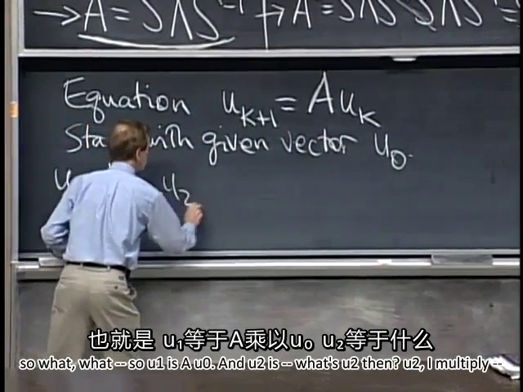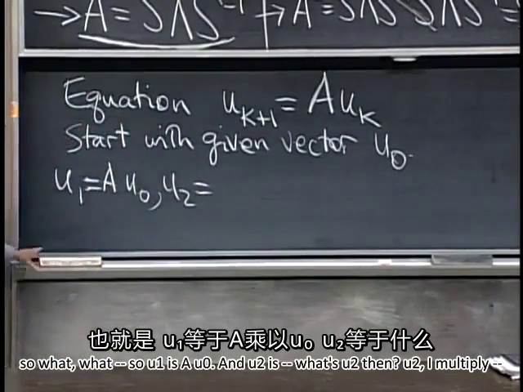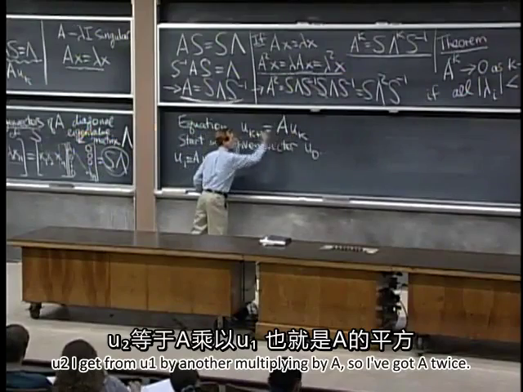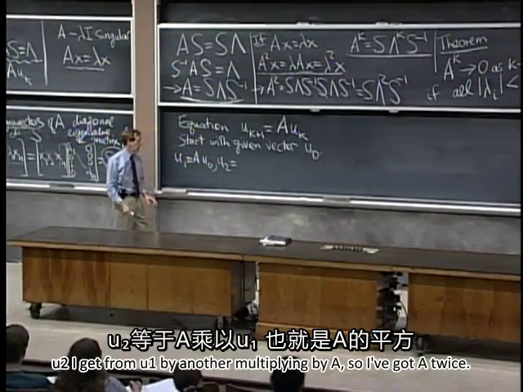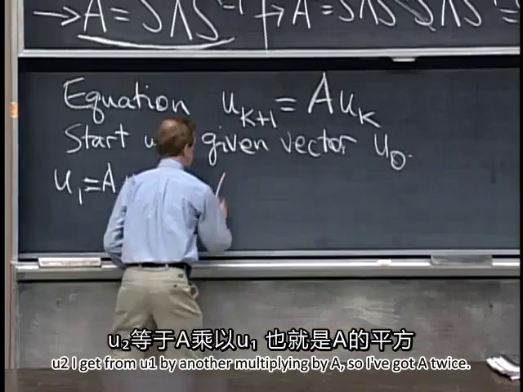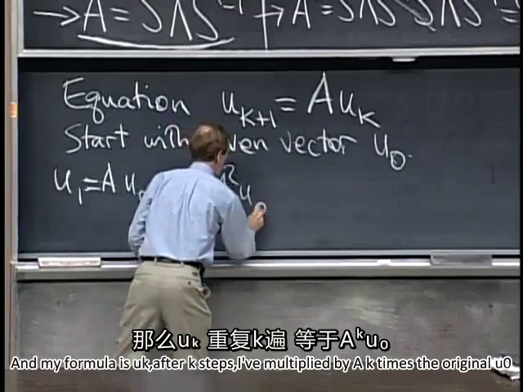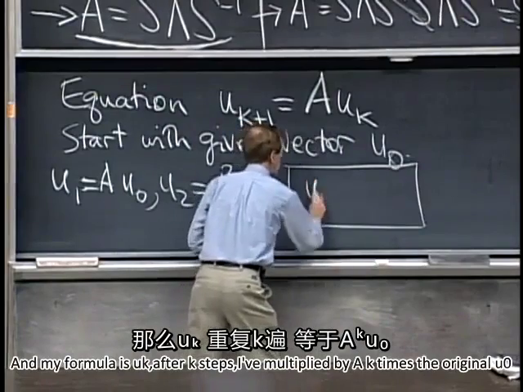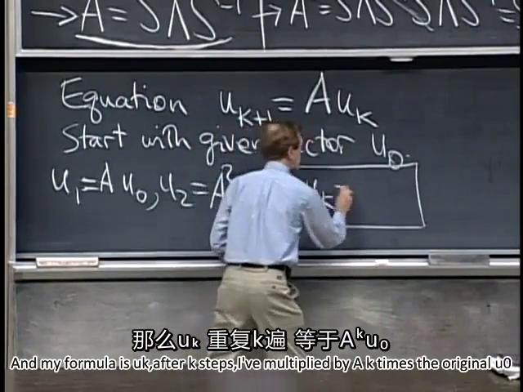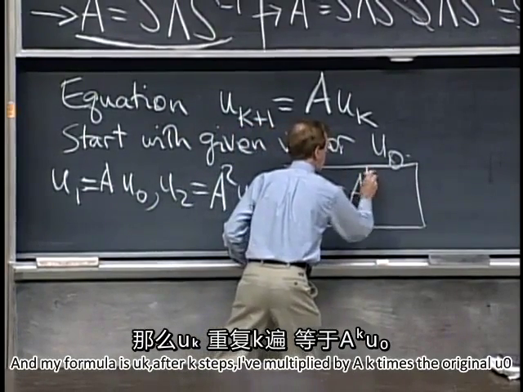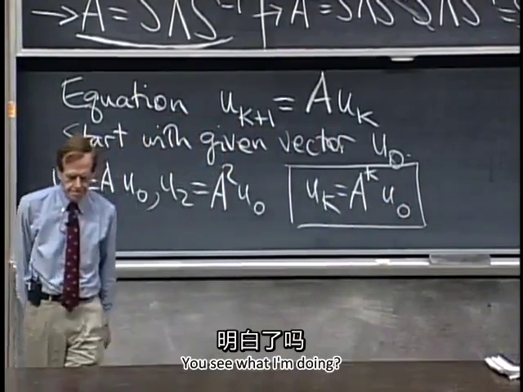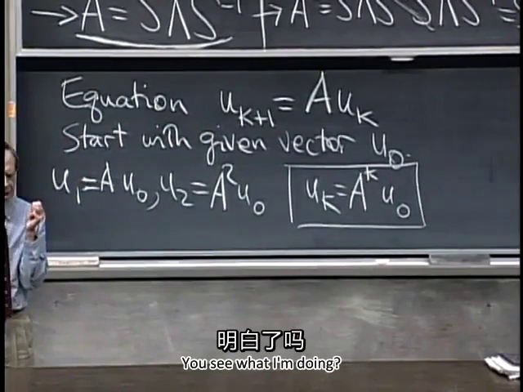And u2, I get from u1 by another multiplying by A, so I've got A twice. And my formula is uk, after k steps, I've multiplied by A k times the original u0. You see what I'm doing?